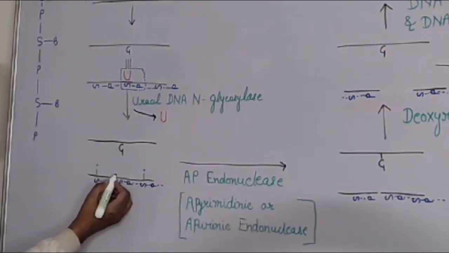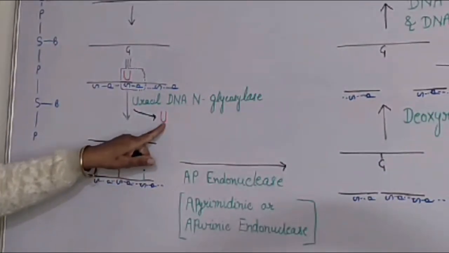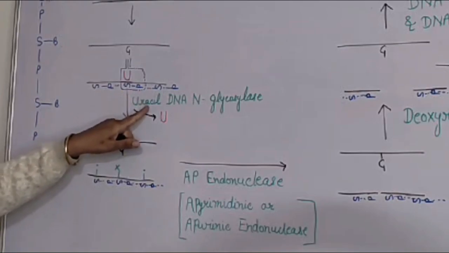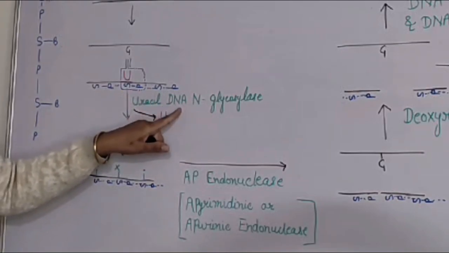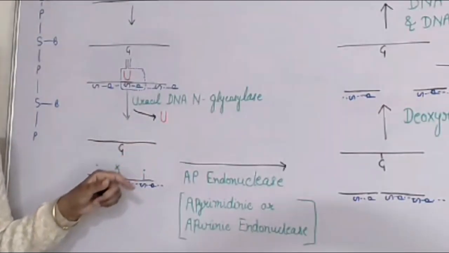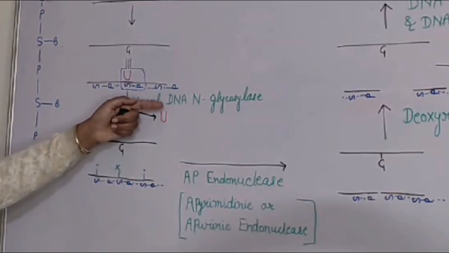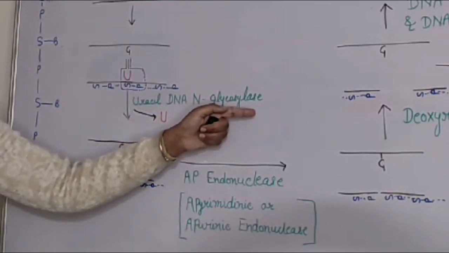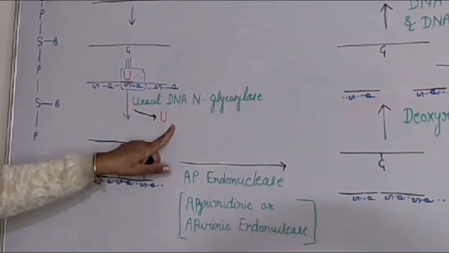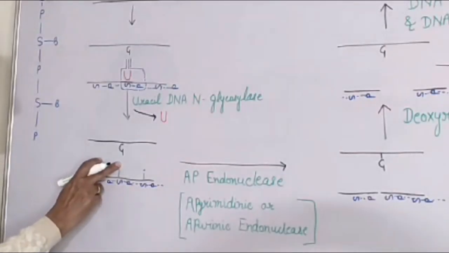Only the wrong base which was attached here has been removed with the particular enzyme, the uracil DNA N-glycosylase in the present example. Suppose some other base has to be removed, then that particular N-glycosylase comes in that case. So now we have removed the uracil and there is no base attached here.